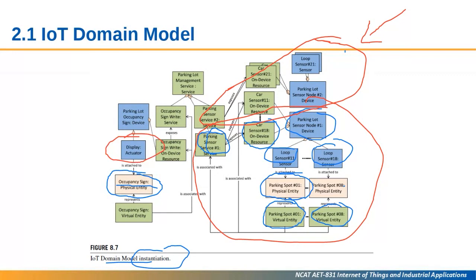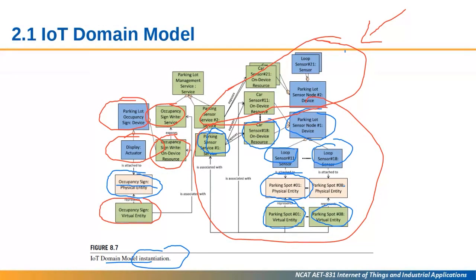So you have the device to display, and it is associated with the resource, and the resource will go to the service. And once again, the physical entity will be in the digital world. It will have a virtual entity, associated with the resources and services for the physical object. So that's how we build it.